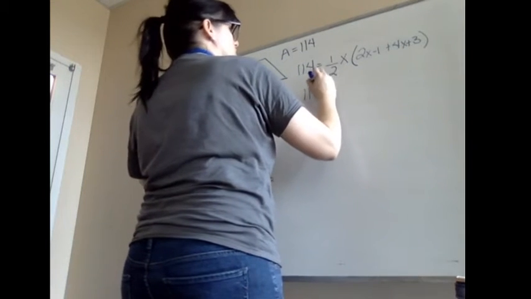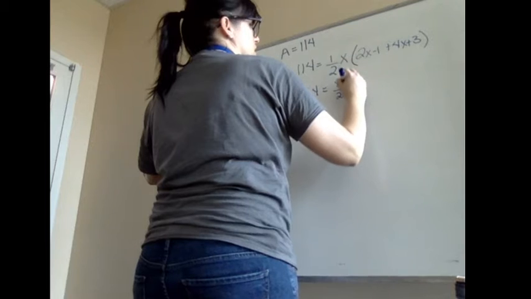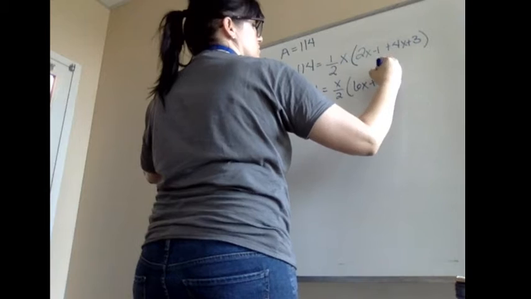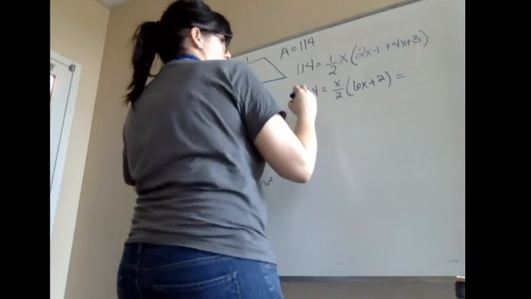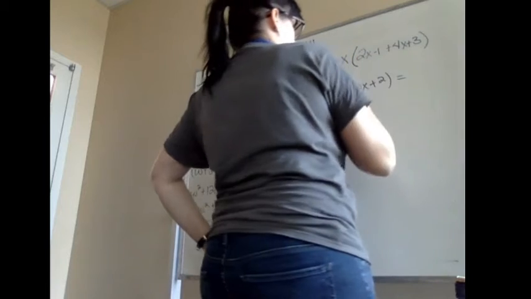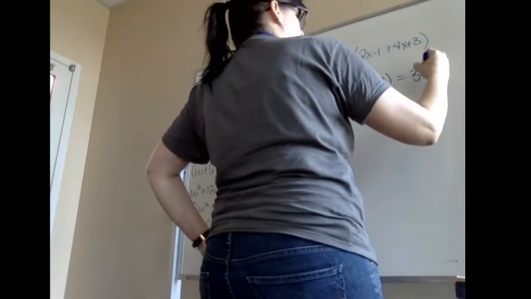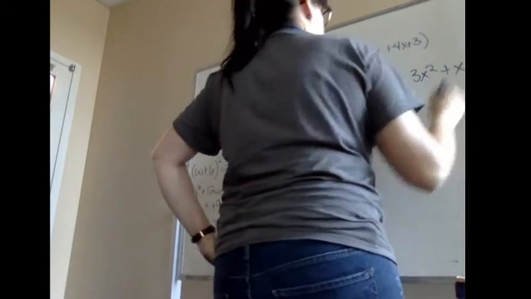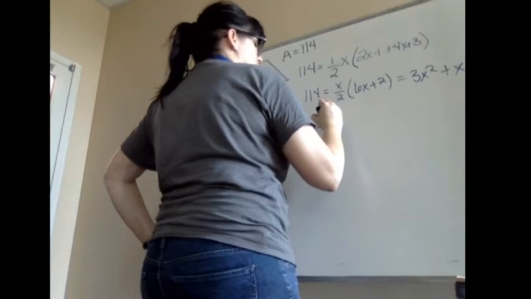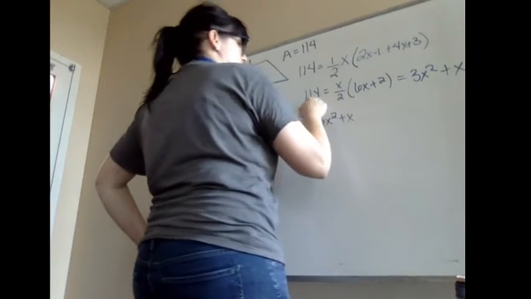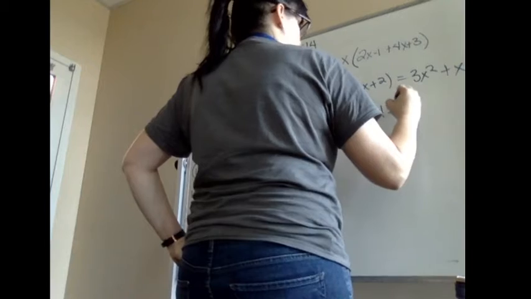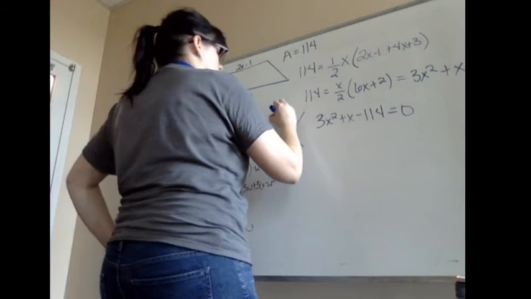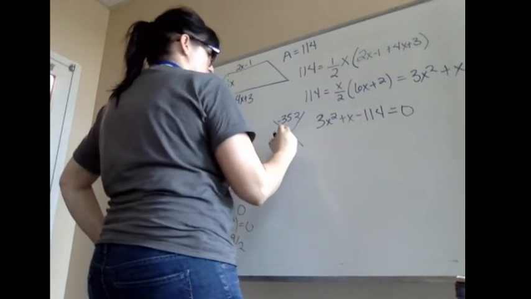So 114 equals x over 2 times 2x plus 4x is 6x, negative 1 plus 3 is 2, equals, and then I'm going to have blah, blah, blah, not factoring, but foiling. 3x squared plus x, subtracting this to the other side, minus 114 equals 0. Multiplying 3 times negative 114, I get negative 352, adds to 1.